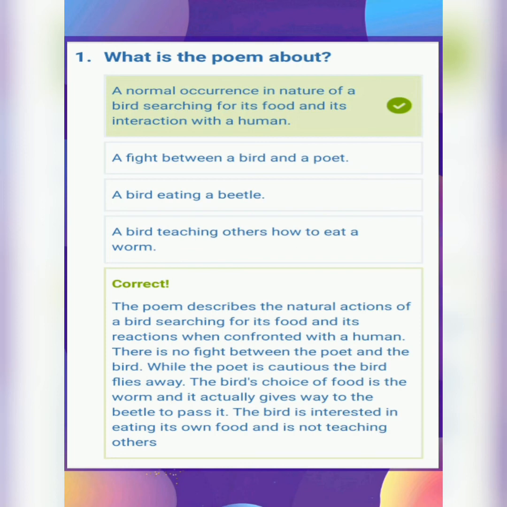There is no fight between the poet and the bird, while the poet is cautious and the bird flies away. The bird's choice of food is the worm, and it actually gives way to the beetle to pass it. The bird is interested in eating its own food and is not teaching others. So the choice is number 1. Let's move to the next question.